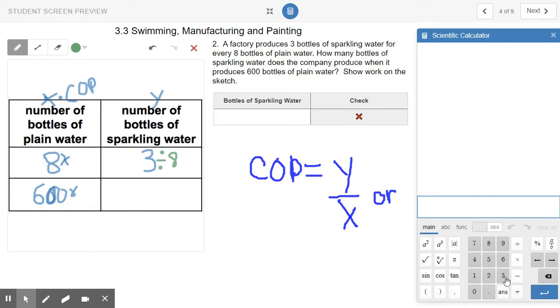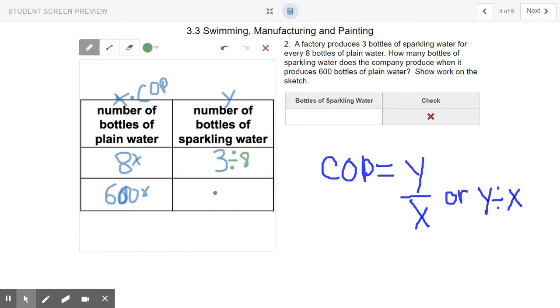So let's see here. 3 divided by 8 gives me 0.375. Okay, so we know that we're always going to be multiplying by our constant of proportionality, which is 0.375. So to find my answer, we're going to do that.